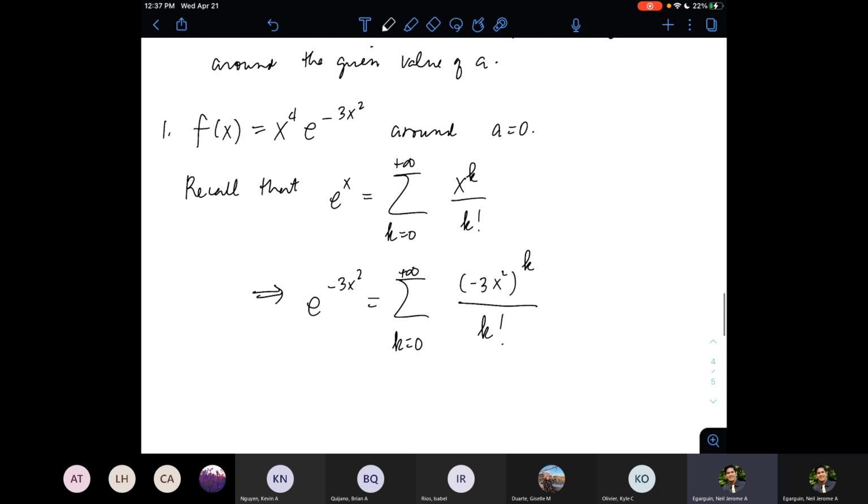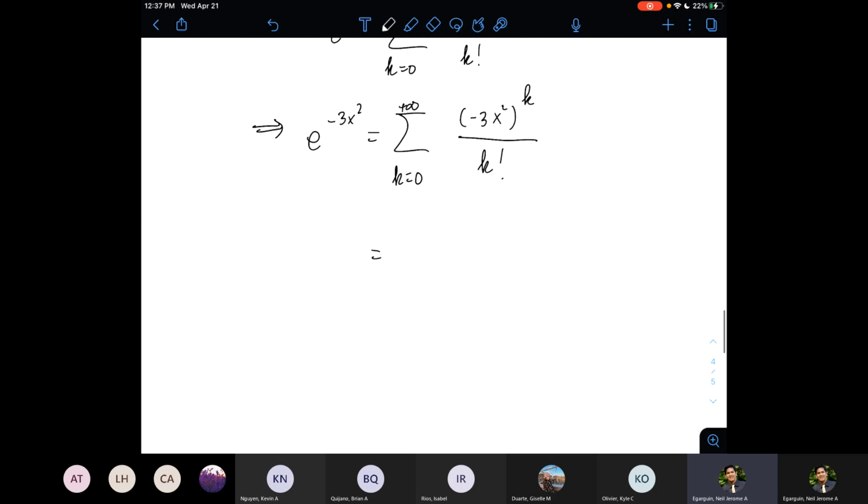All right. Now I can play with the laws of exponents here to simplify this a bit. So I can write it as negative 1 to the power k, 3 to the power k, x to the 2k, over k factorial. So remember that if you're raising a product to a power, each of the factors will get an exponent.